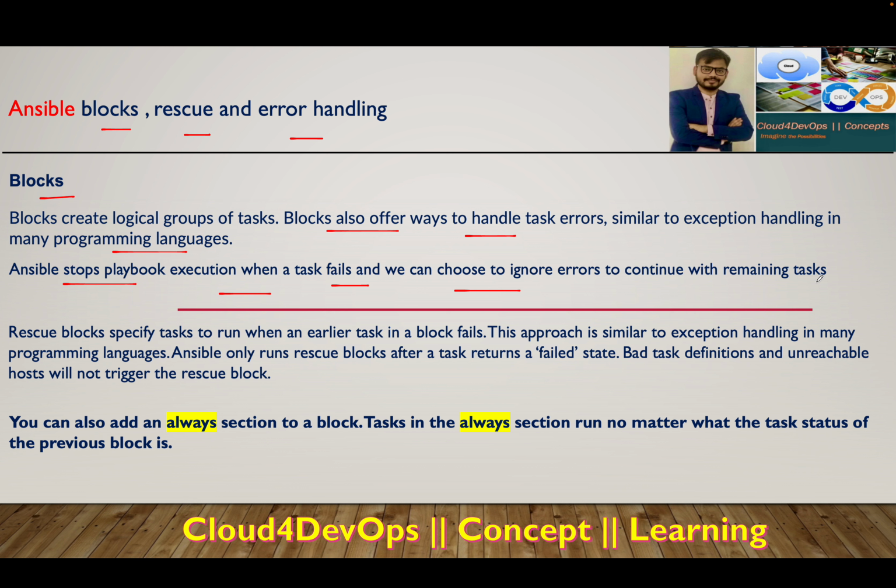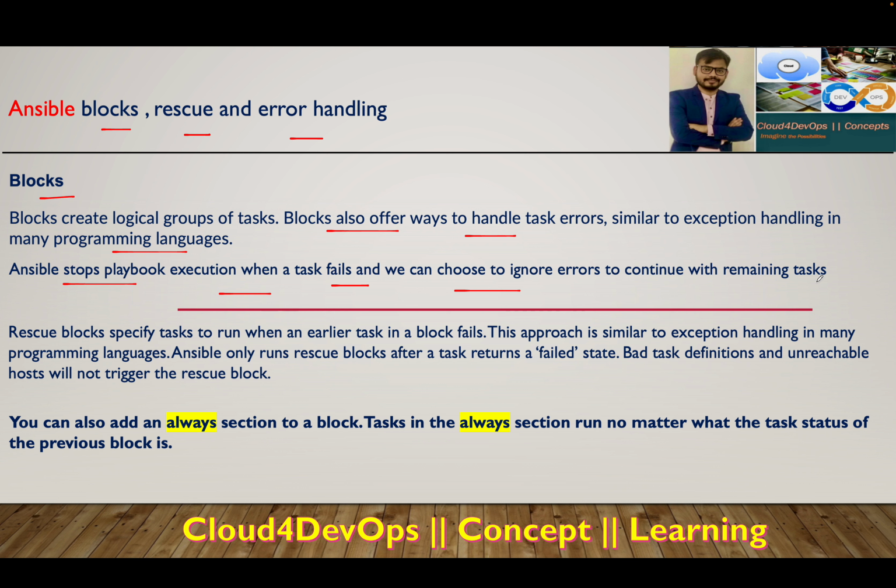Let's say Apache will fail because I'm running yum install apache against an Ubuntu server. In the next task, I'm running apt-get install git, and that syntax is correct for the Ubuntu family. But the first part, yum install, is not the correct syntax for installing Apache on the Ubuntu family, so that task will fail.